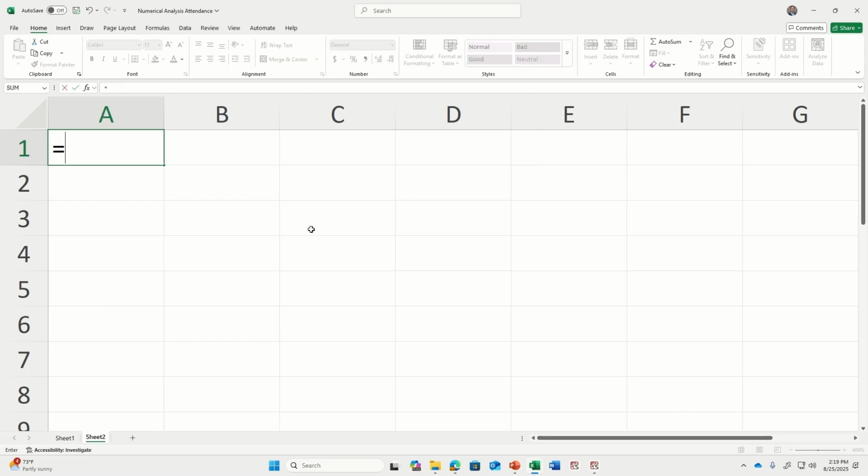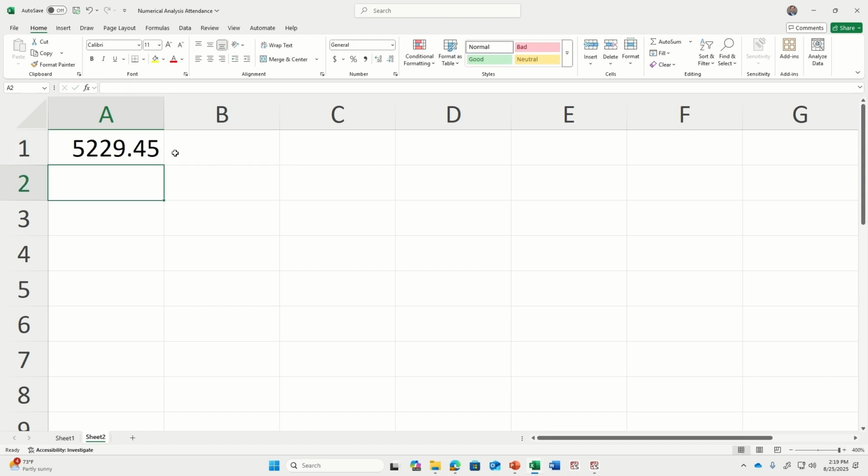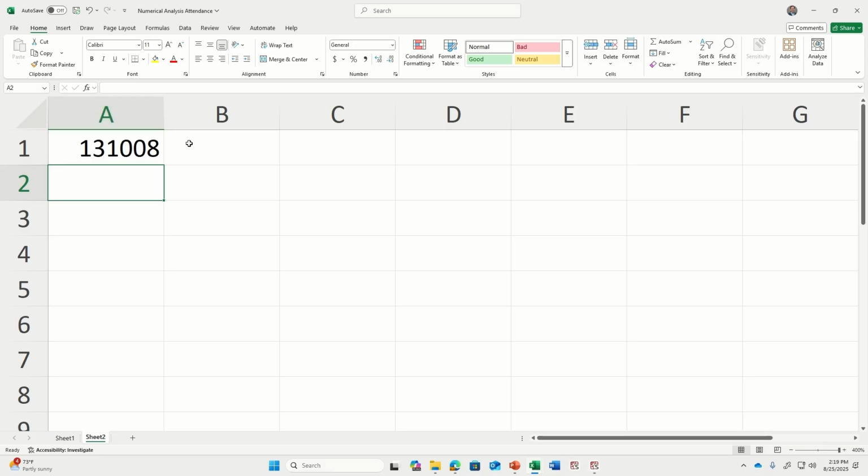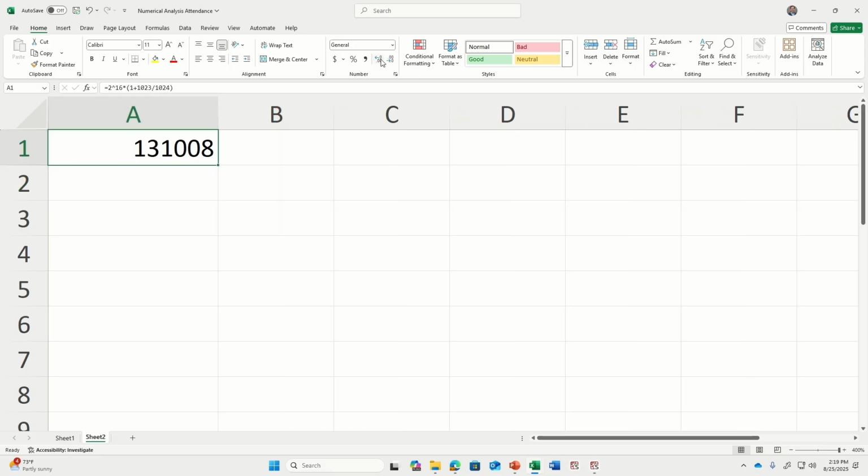Using a calculator would look like this: 2 to the power 16 times 1 plus 1023 divided by 1024. Oh, I typed that in wrong. All right. So the biggest number we can possibly represent in this data type is 131,008.